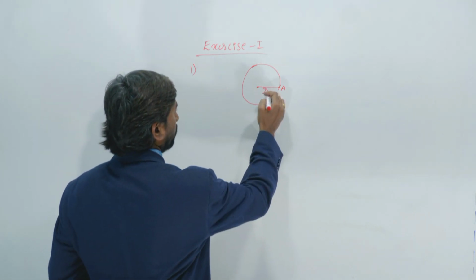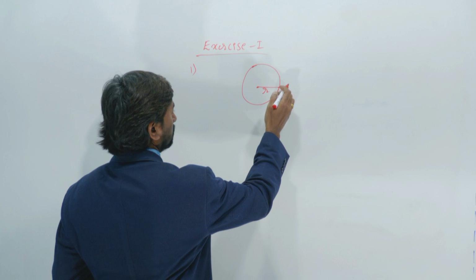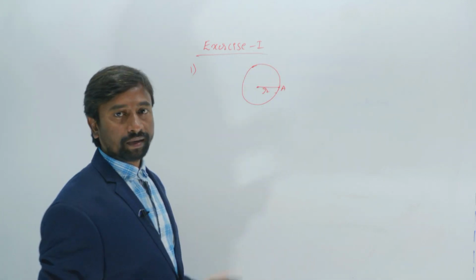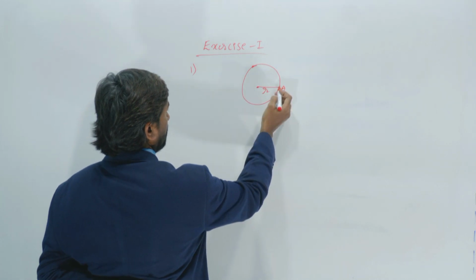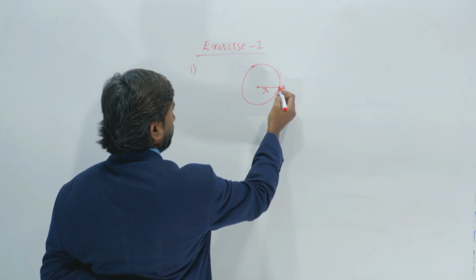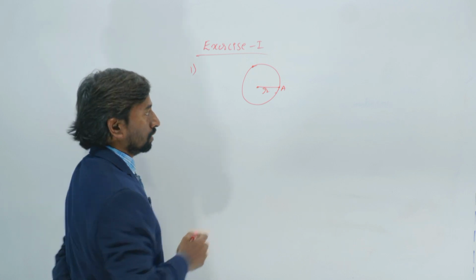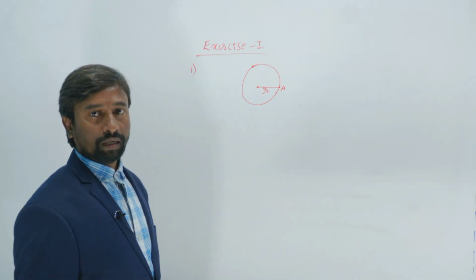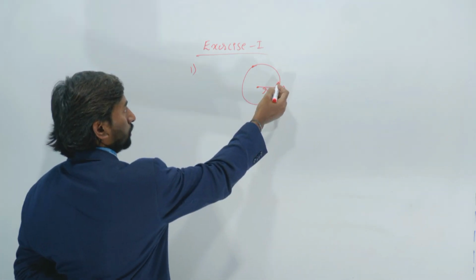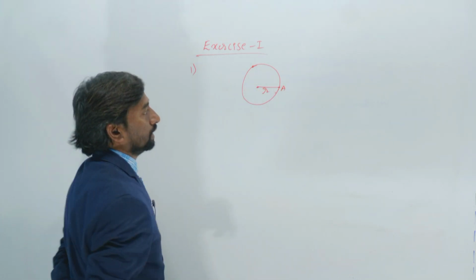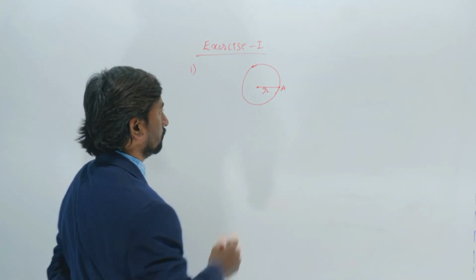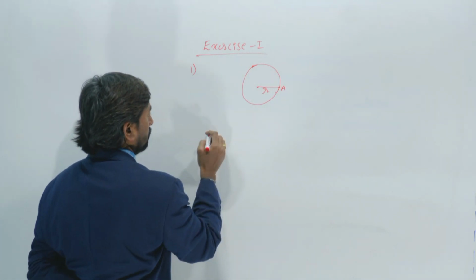If a particle is moving in a circular path, in one complete rotation, then the distance travelled by the body. It started from A and one round means it has to be at point A. Displacement is 0 there, we know that. And what is the distance? Distance is nothing but total length of the path, total distance covered by the body in its journey. So here we will get the circumference of a circle.